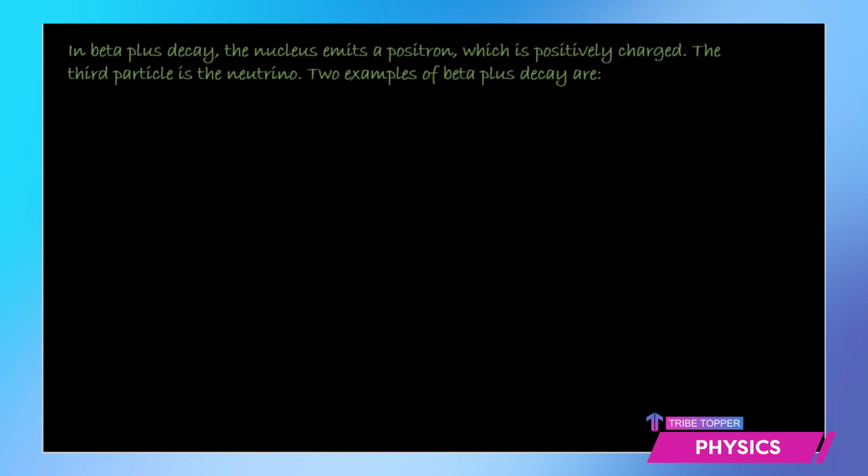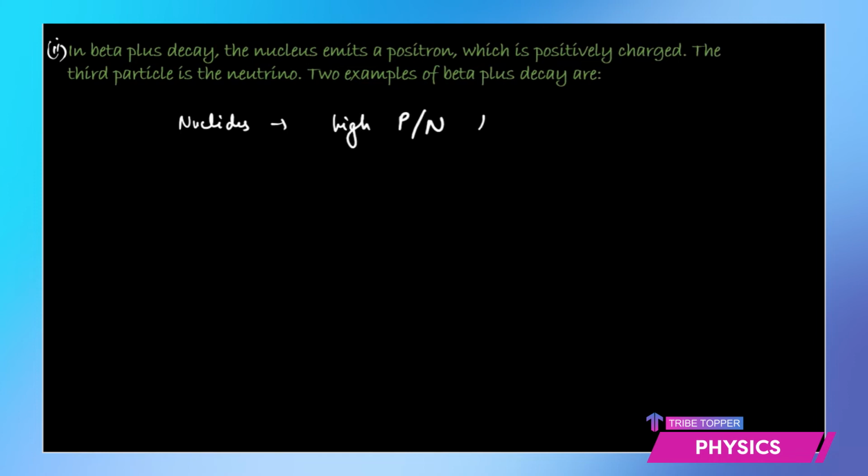The second category of beta decay is beta plus decay. In beta plus decay, your nucleus is going to emit a positron, which is positively charged. But how and why does this happen? Some nuclides have a very high proton to neutron ratio.